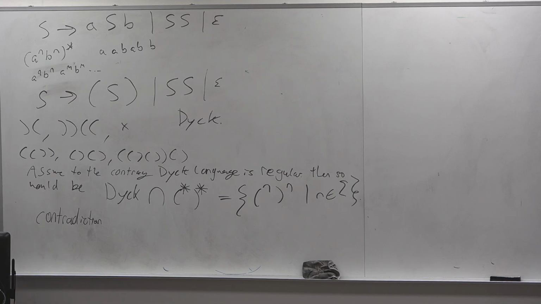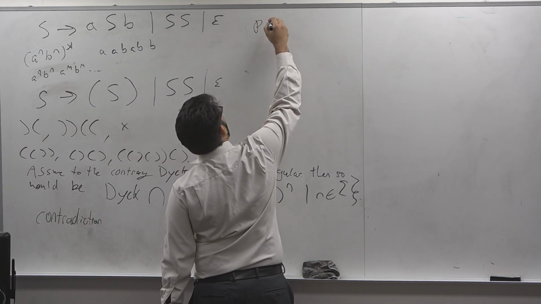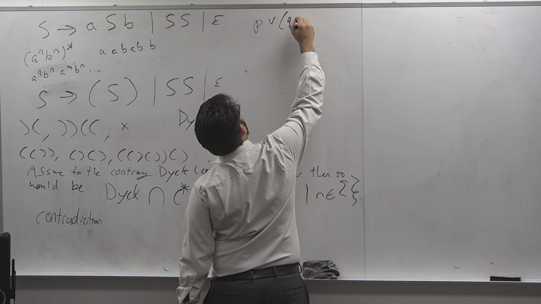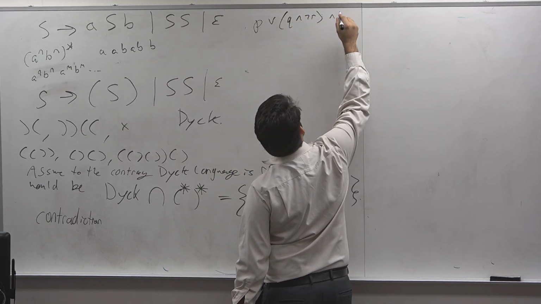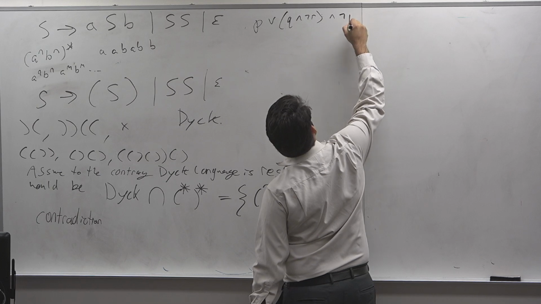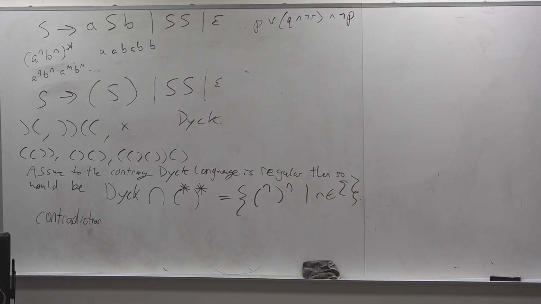Okay? Speaking of logic, let's give a context-free grammar for the propositional calculus. Propositions look like this, right? P or Q and not R and not P. Something like that. We all know what the propositional calculus is.